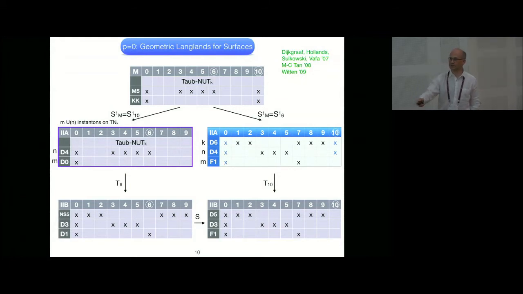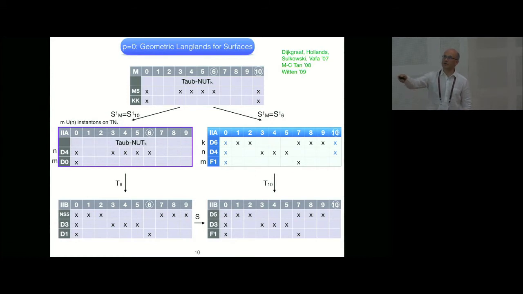You can S-dualize that if you like, or you can lift it to M theory. When you lift it to M theory, you'll end up with Taub-NUT, D4 lifts to M5, which wraps the M theory circle, and D0 is some sort of Kaluza-Klein mode of the metric.